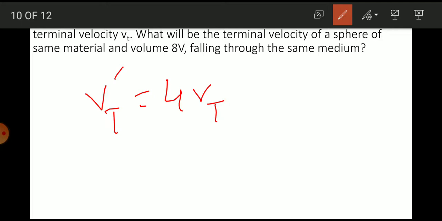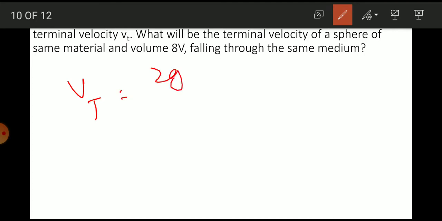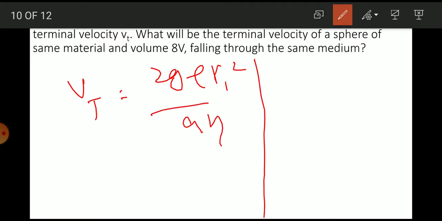Now next question. I will explain this equation again. You should memorize some equations because terminal velocity Vt is equal to 2g rho r1 square divided by 9 eta. This is when there is no change in volume.